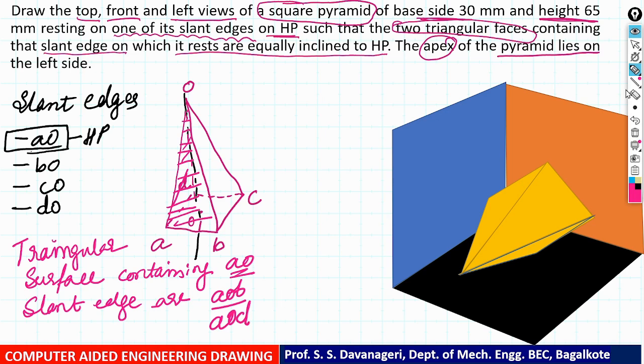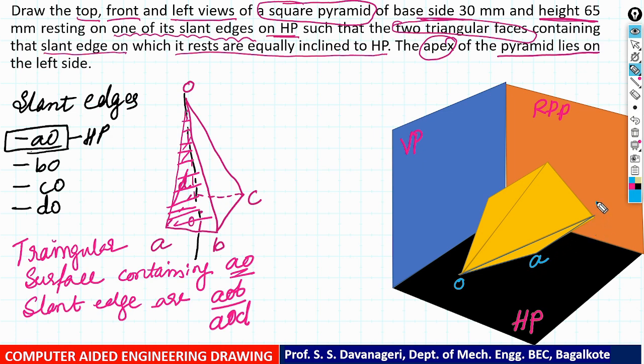Now you just observe the orientation of this pyramid with respect to the planes. Let us consider this is the vertical plane, this one is the horizontal plane, and this is the right profile plane. Now consider the pyramid resting on the horizontal plane with its slant edge OA.